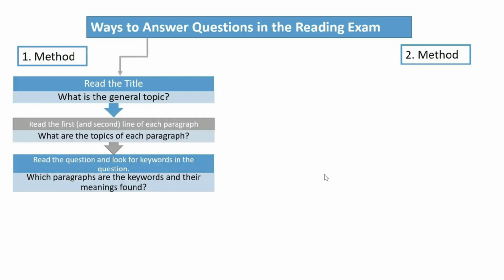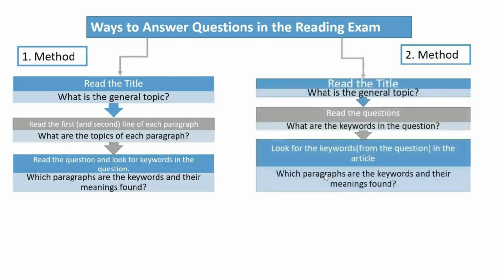If you have 10 different paragraphs, you find out the topic for each paragraph in general. And then after that, you read the question in the exam and look for keywords in the question. Each question will have keywords. And then you go to the paragraphs and identify which paragraph has those keywords.